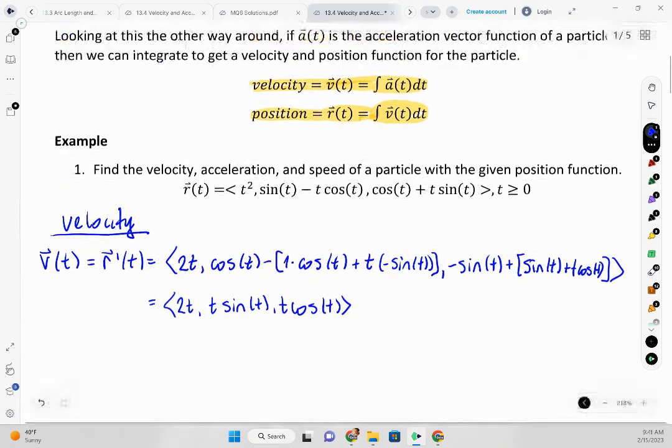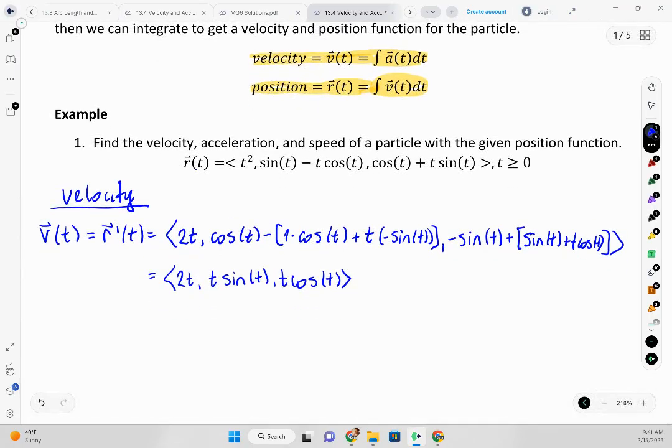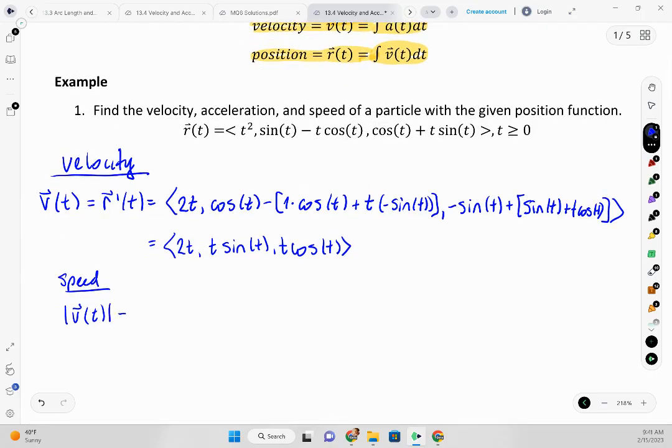Now, if I want to find the speed, because that's another thing that we need to find, then what I will do is I will find the magnitude of this velocity vector that I just found. So remember, magnitude is just going to be the square root of the sum of squares of the components.